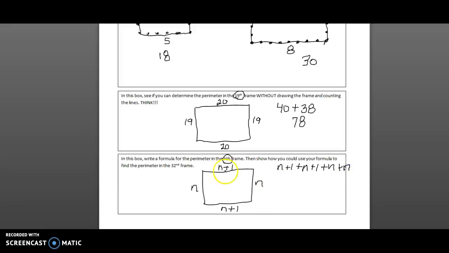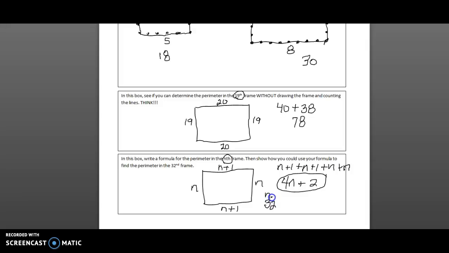So I've added the 4 sides: n plus 1 plus n plus 1 plus n plus n. Again, if you're going to mess it up when you try to simplify it, don't. But if you can simplify it, you can do that and say, hey, this is going to be 4n plus 2.